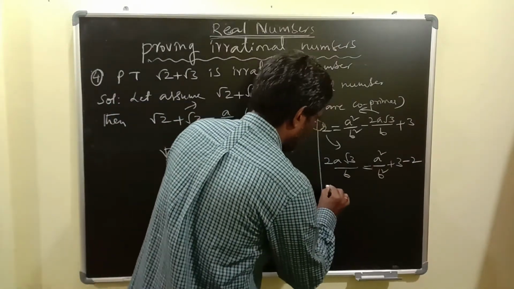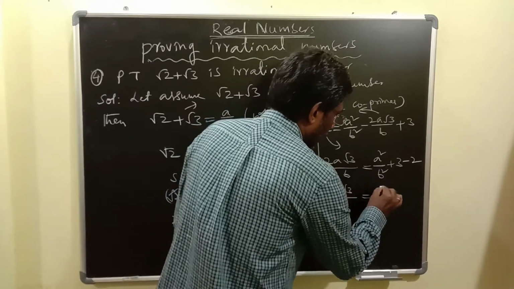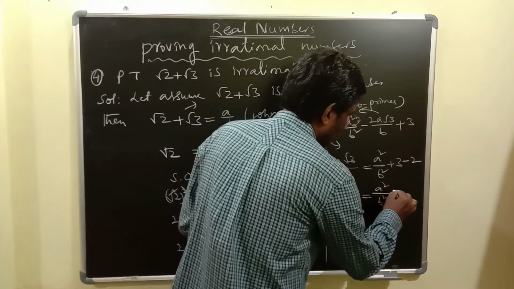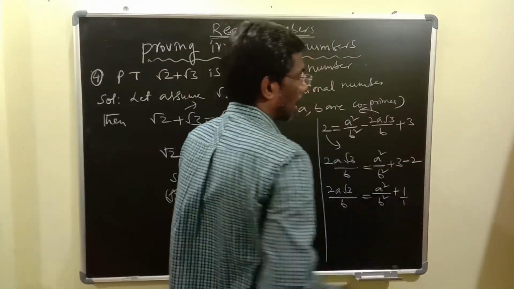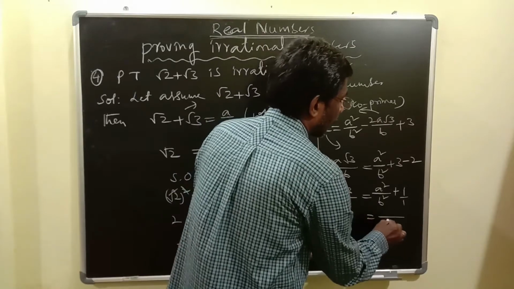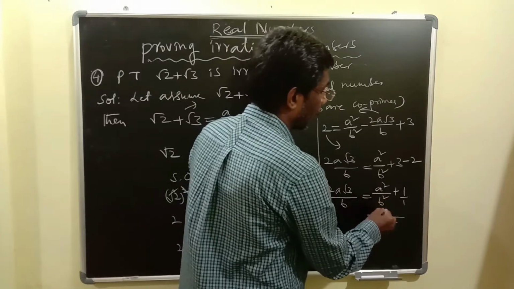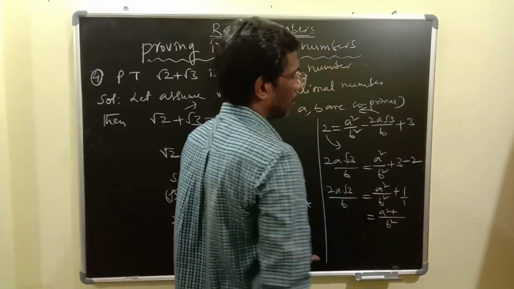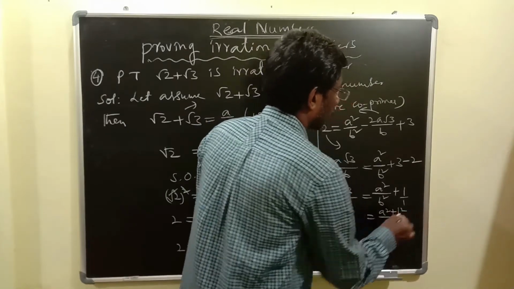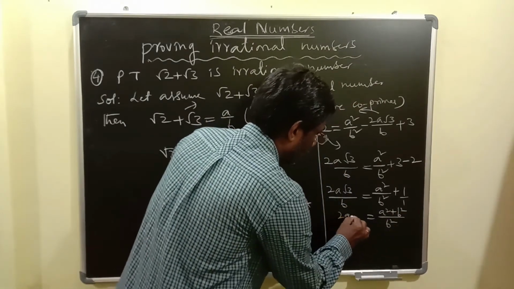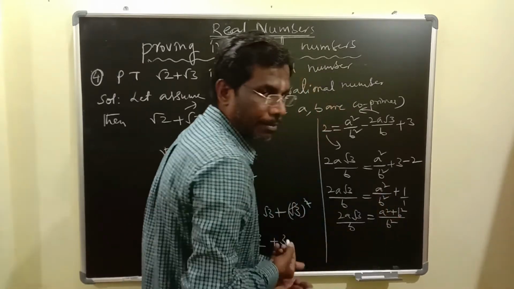So next write 2A root 3 by B is equal to A square by B square plus 1. 3 minus 2 is what? 1. We can write by 1 and do LCM, it is B square. B square with B square divides 1 time, 1 into A square is what? A square, plus B square divides with 1 is B square, ones are B square. This is 2A root 3 by B is equal to A square plus B square by B square.